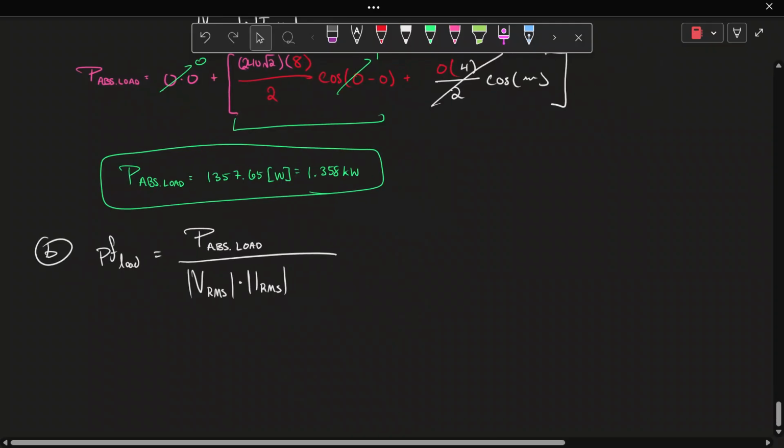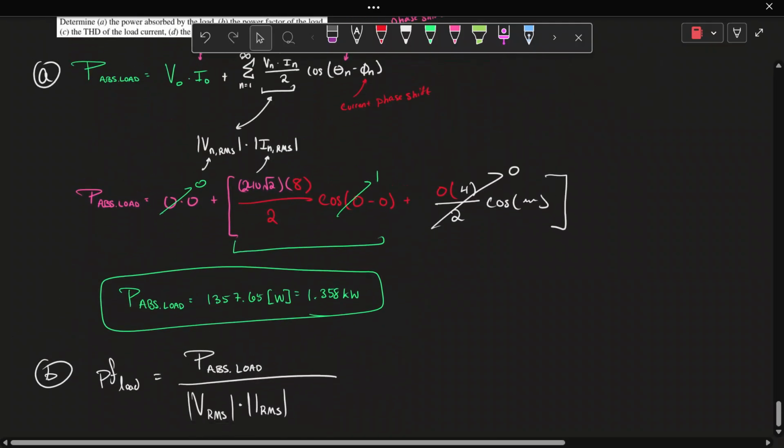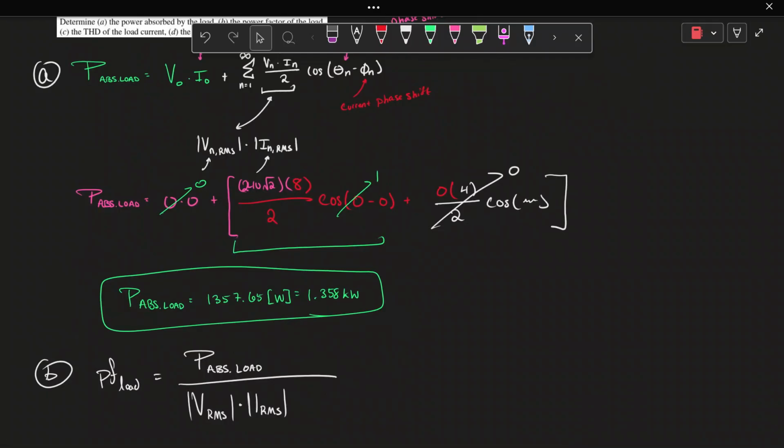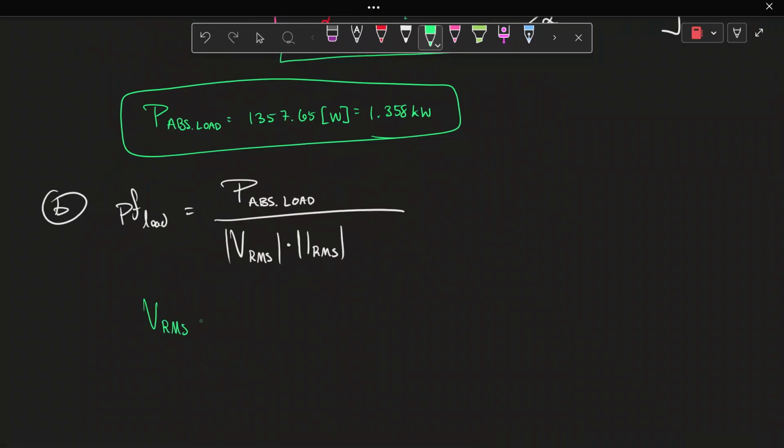Well, let's look up here. We don't know exactly what those values are, but we can definitely find them through this relationship of amplitude and RMS. We know V RMS is going to be equal to Vm, the amplitude of your signal, divided by square root of 2.